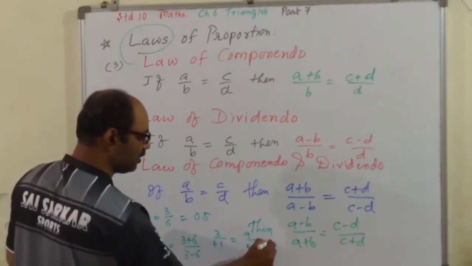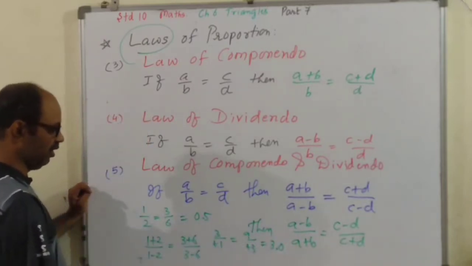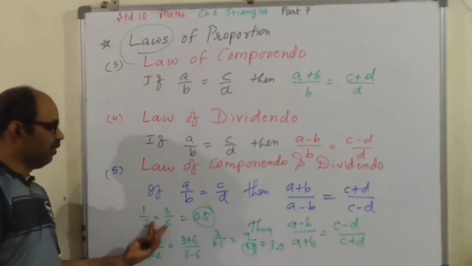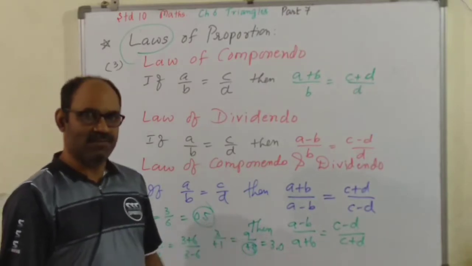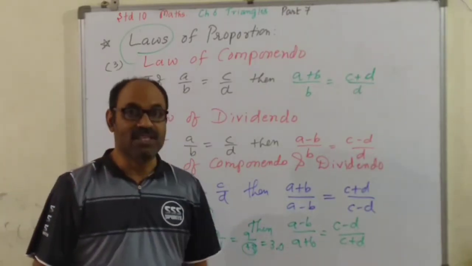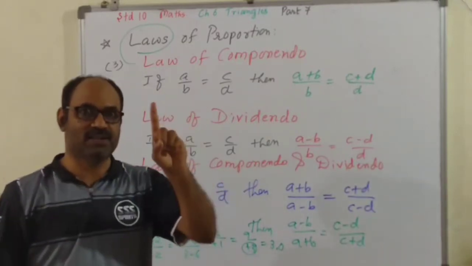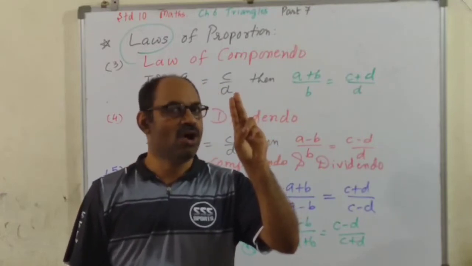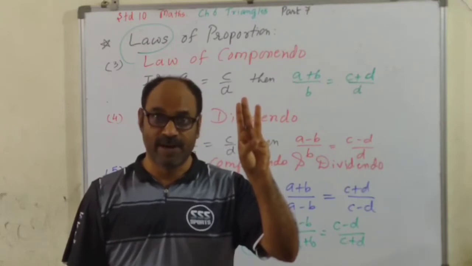So it's the same, and the answer is 3.0. These two equal ratios are equal to 3, and here the equal ratios were 0.5. So from two equal ratios, you got two new equal ratios, but the value is different. Is that clear? So these are the 5 laws of proportion. First one, law of alternando. Second, law of invertendo. Third, law of componendo.